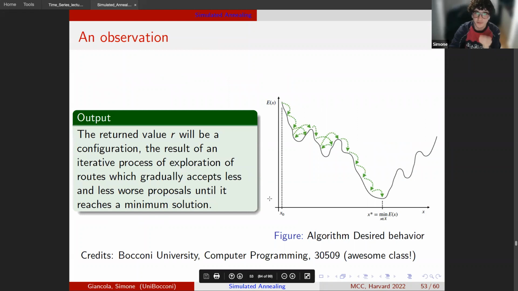This way of scheduling the temperature allows us, as I said before, to explore a space and gradually become more selective as time goes on. Assuming that our selectiveness is not enough to get stuck at local minima, it will allow us to somehow jump out of these non-convexities and get eventually to the global minimum.